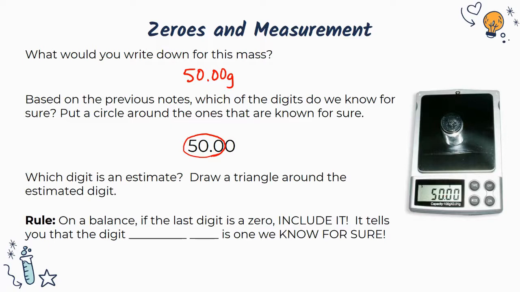The digit that's an estimate, which we draw a triangle around, is the very last digit, so the last zero is an estimated digit. Rule on a balance: if the last digit is a zero, you have to include it, because it tells us that the digit before it is one that we know for sure.